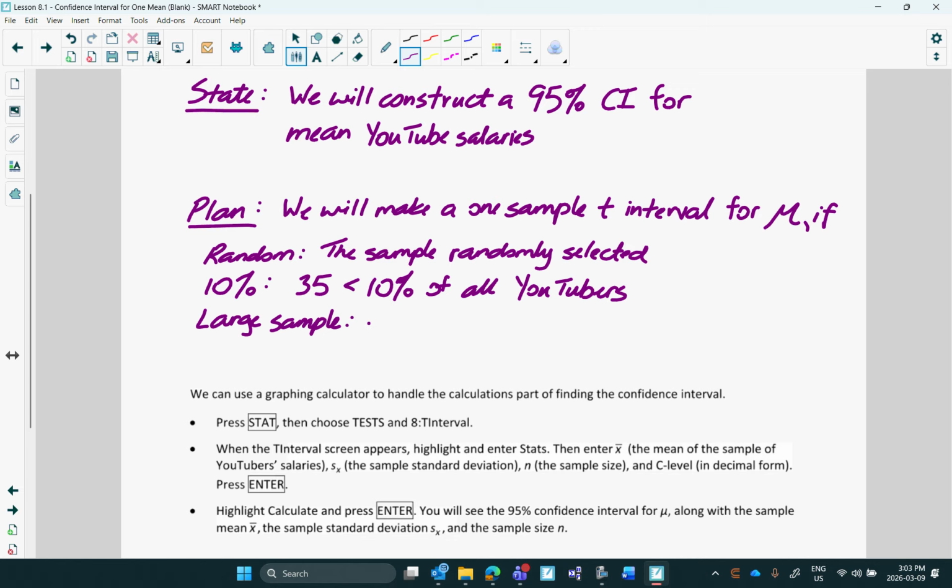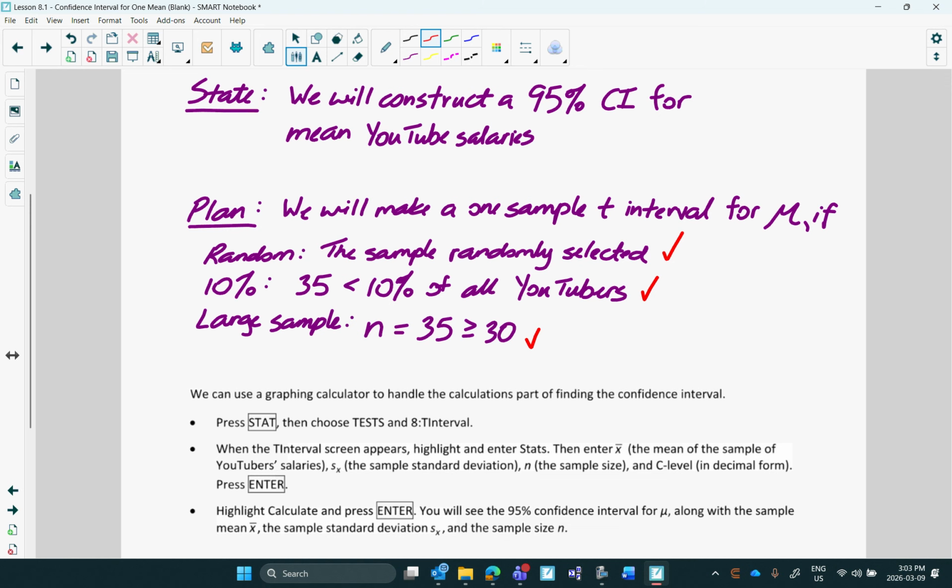And our sample size of 35 is greater than or equal to 30, which means we can continue. So like I said, a little bit easier to check conditions with the means than it is with the proportions.